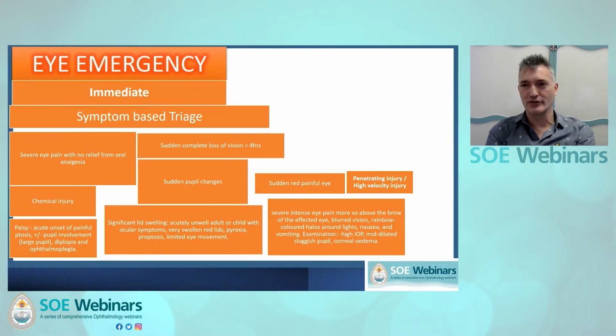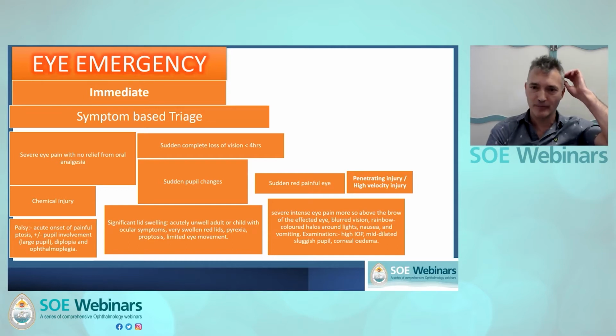So this slide is about a symptom-based triage system, which is maybe a bit better to use for somebody that's not experienced in ophthalmology, for somebody that hasn't had ophthalmic training, maybe works in main A&E or a GP surgery. Now, symptom-based triage is something like, is there sudden vision loss? Is there sudden increase in pain? Is the eye suddenly red?